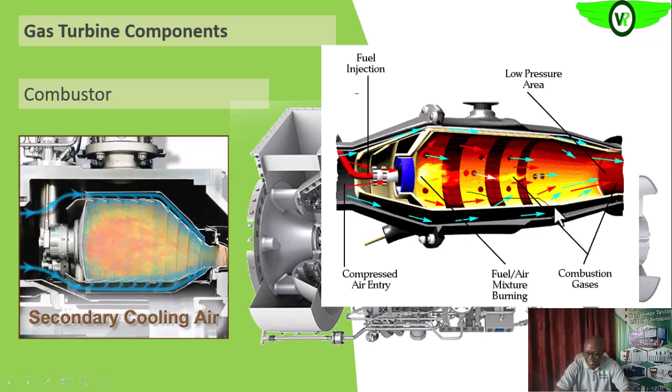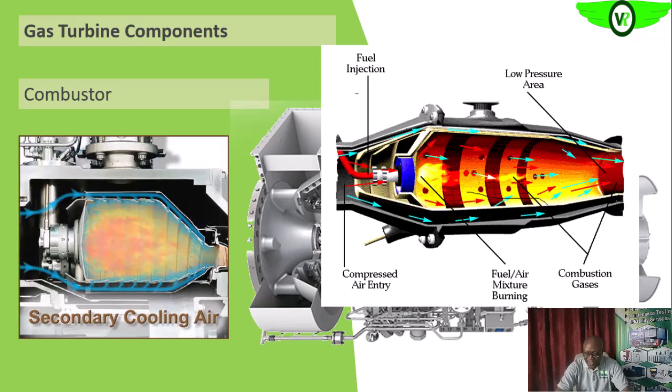And again, you see that this blanket of air will also help to cool the combustor as combustion is taking place within the combustor. So that is how it is designed, and that is how it functions.